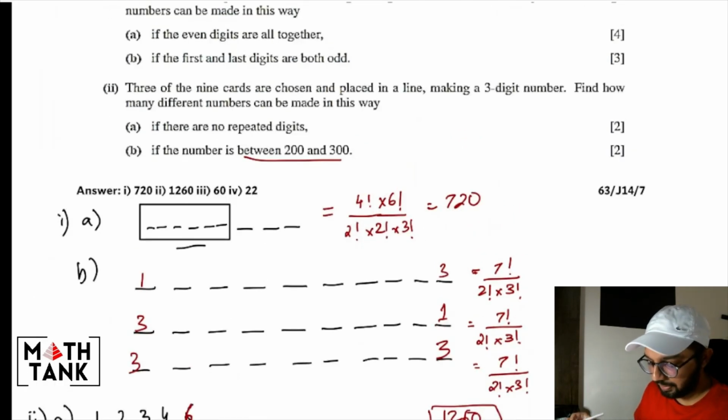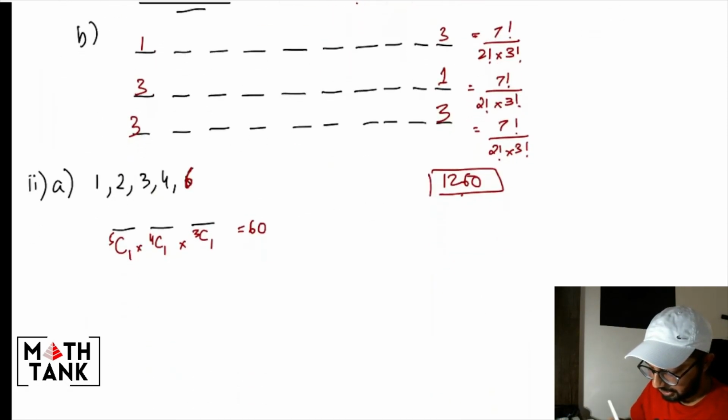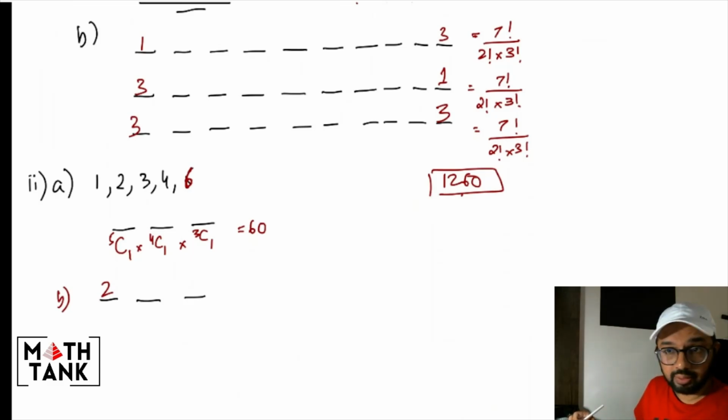If the number is between 200 and 300, now notice that here I'm not talking about repeated digits, so I need to be careful about this. The number is between 200 and 300. That sort of fixes the idea that the first digit has to be a 2. There can be no other digits.